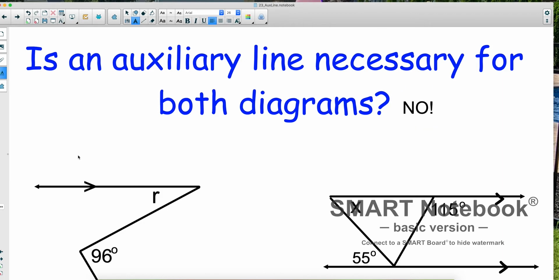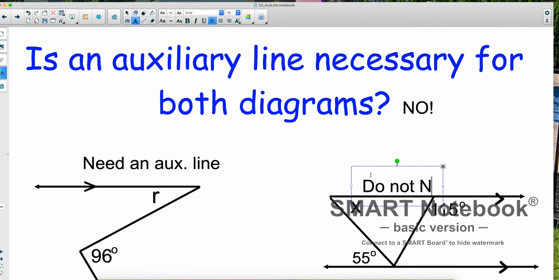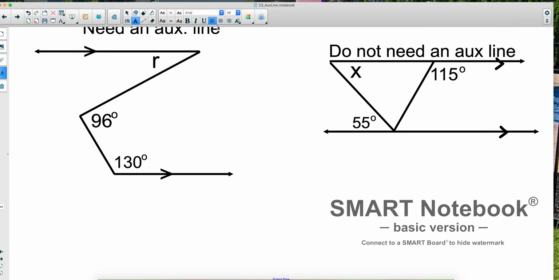It's necessary here, and it's not necessary here. Let's take a look as to see why. Okay, so let's go with where we don't need the auxiliary line.